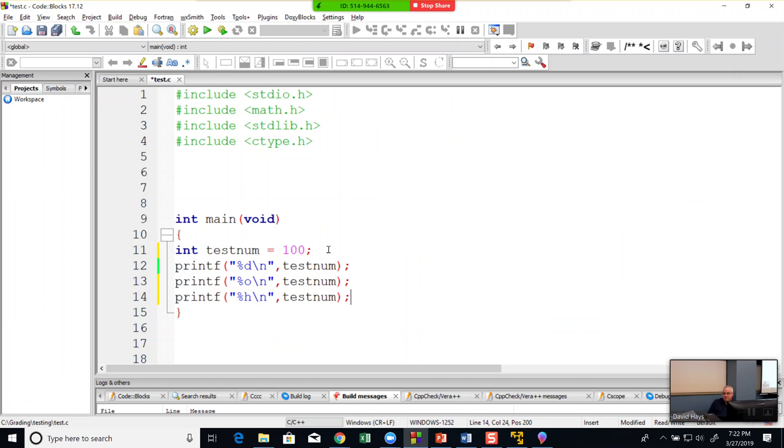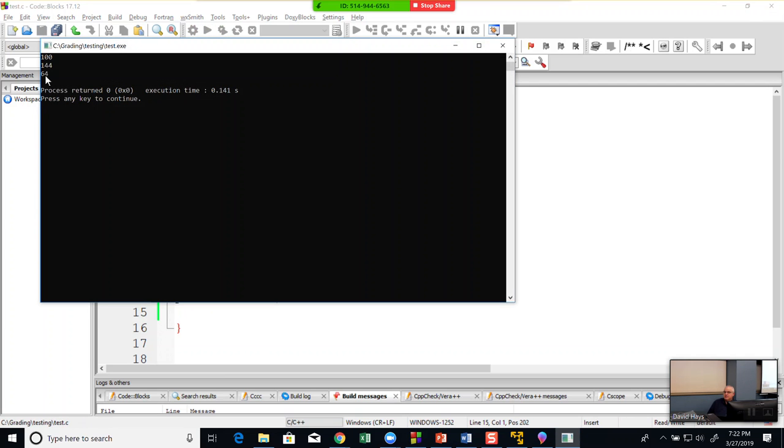Yeah, that makes sense. Because you'll see in a lot of places, like assembly language, it starts with 0x and then has a number. That 0x indicates hex. So that makes perfect sense that it'd be an X. Okay, so if I run that, you see how we get 64 for hex. And octal is the 144.